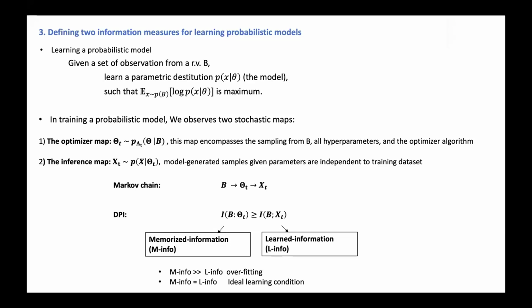Can I ask a question? Sure. I think the difference with Tishby's approach is that you don't commit to specific layers, like you mentioned earlier. But I think you agree that the learned information is related to the upper layers, maybe we don't know exactly which ones, and that the memorized information is connected with the lower layers, the first layers close to the input.